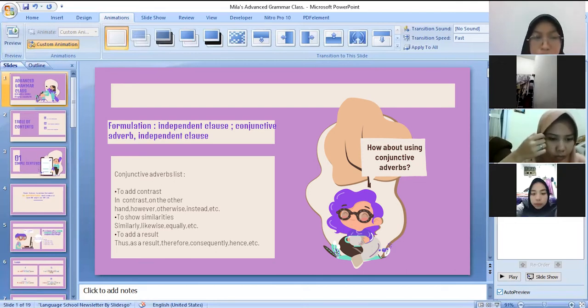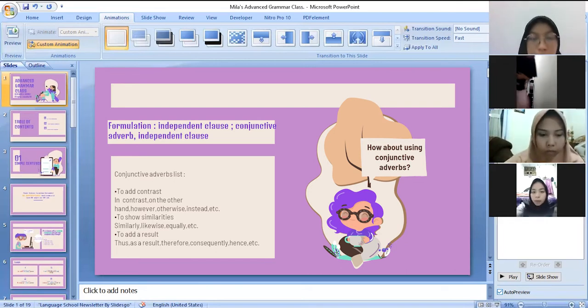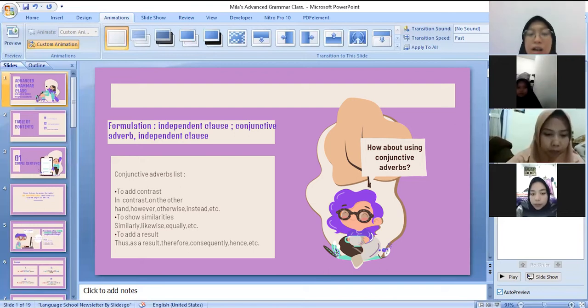What are the conjunctive adverb lists? To add contrast, it means untuk melihat perbedaan dari sebuah kalimat tersebut. We can use in contrast, on the other hand, however, otherwise, instead, and etc.